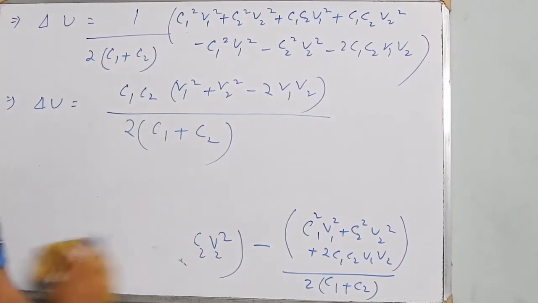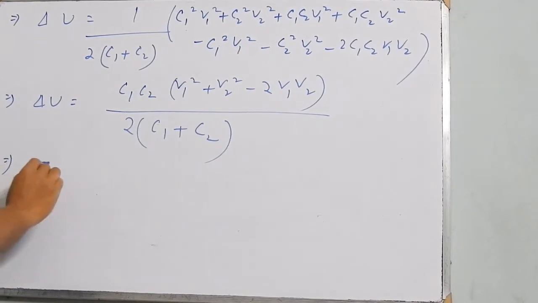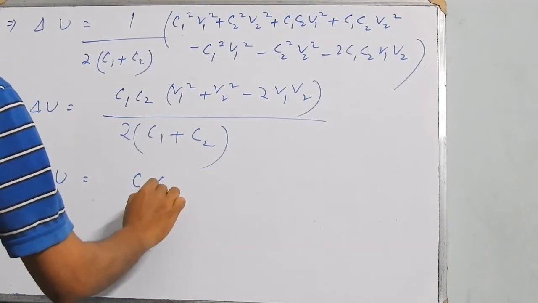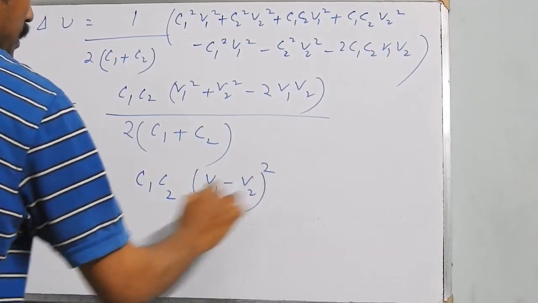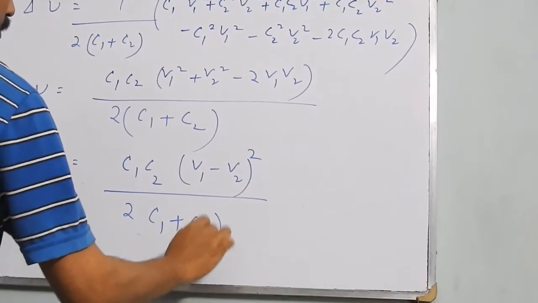Now V1 square plus V2 square minus 2 V1 V2 is V1 minus V2 whole square. So delta U is C1 C2 V1 minus V2 square divided by twice of C1 plus C2.